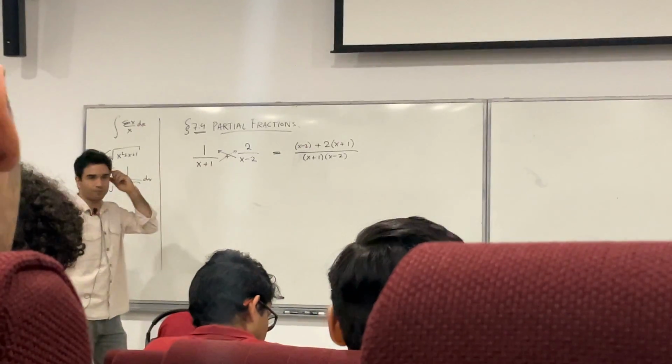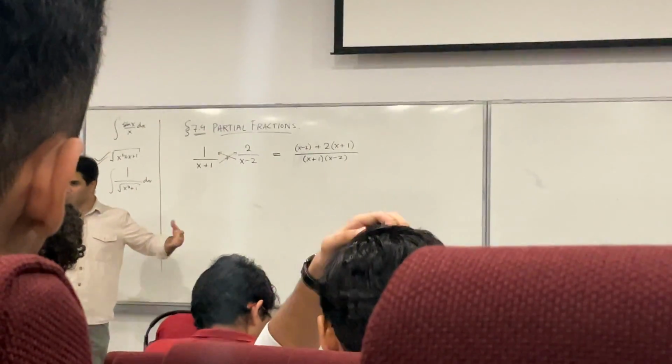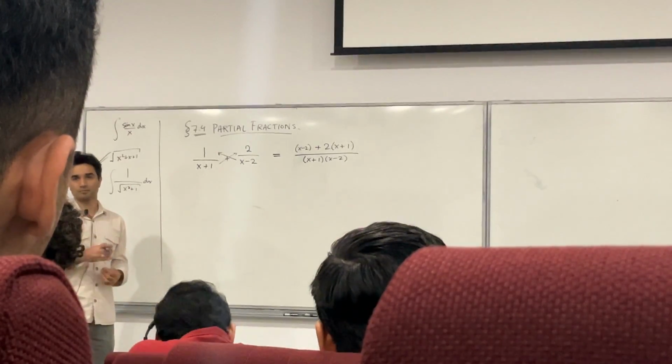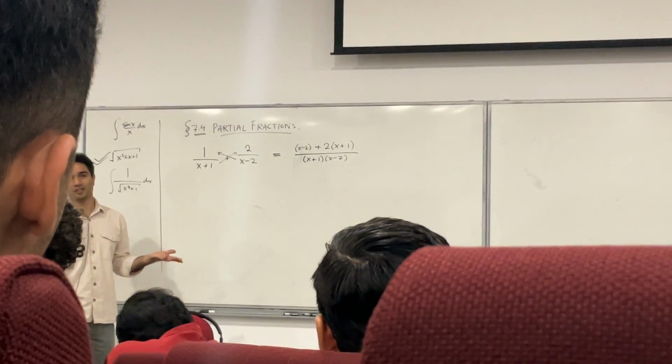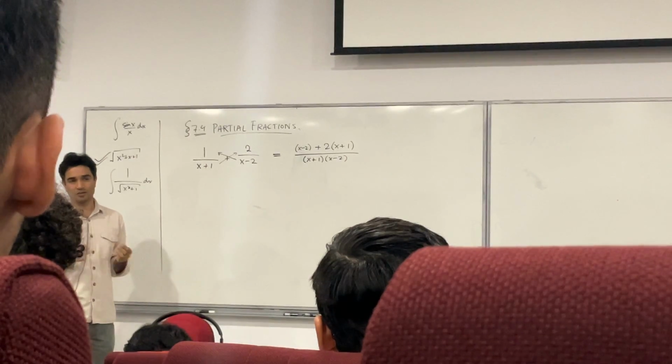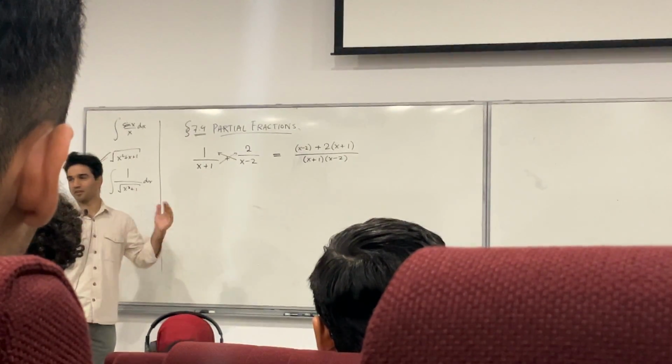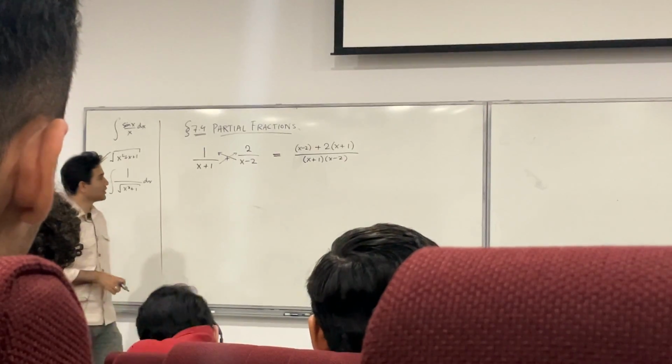That's how you add fractions, right? Denominators just multiply together and the numerators you cross multiply, or you make them over the same denominator. You don't have to worry about LCMs or nothing. You just put the denominators together, cross multiply and add, and you got the thing.